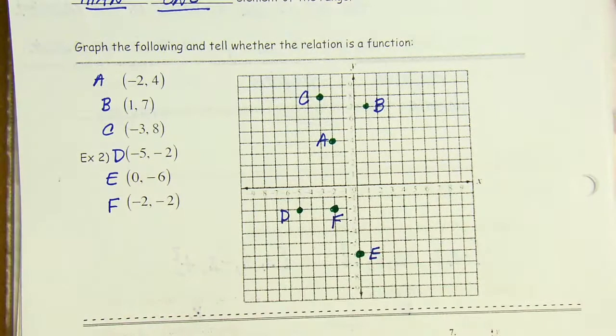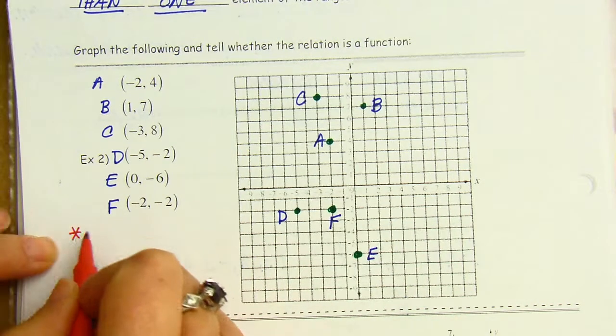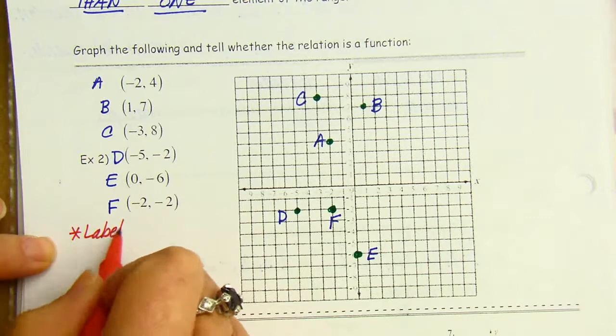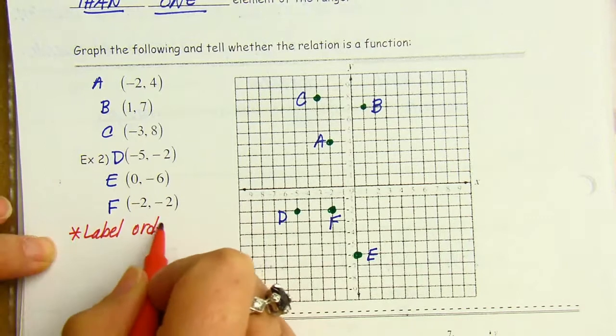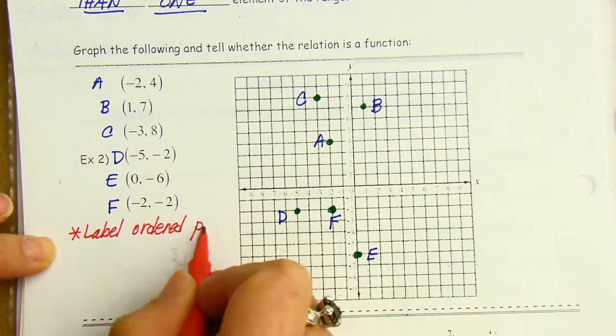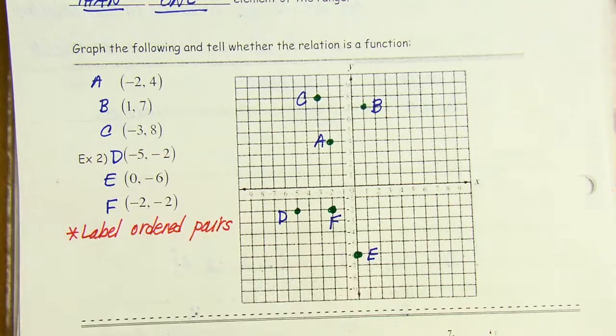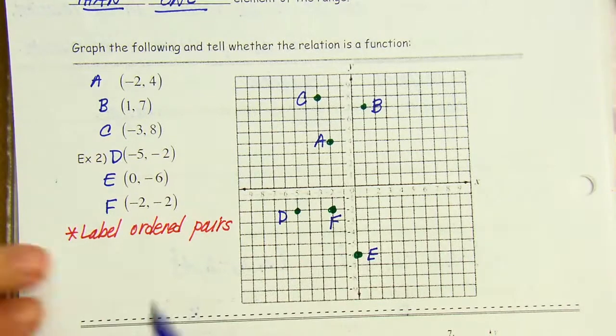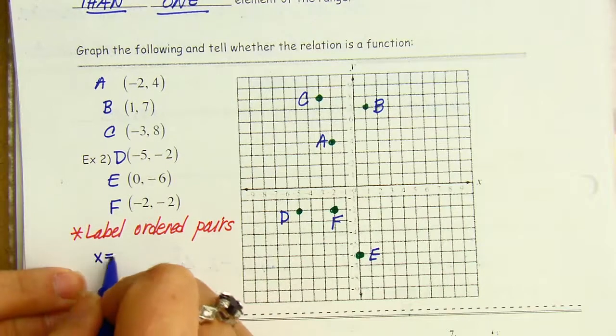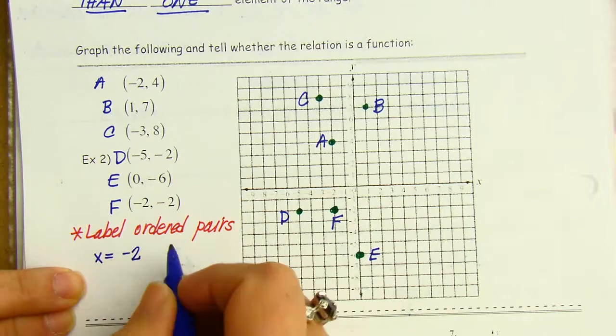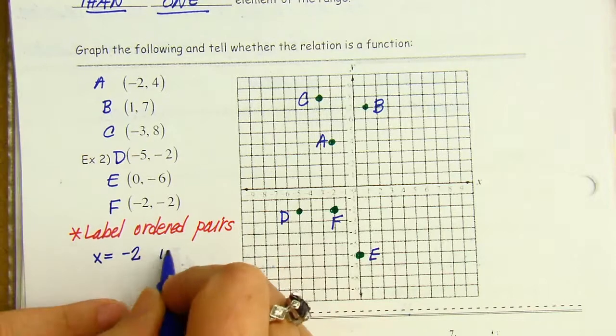So if we notice on our graph, points A and F would be on the same vertical line when we talk about this vertical line test. Okay, so label the ordered pairs. And here we're going to write when x equals -2 is repeated.